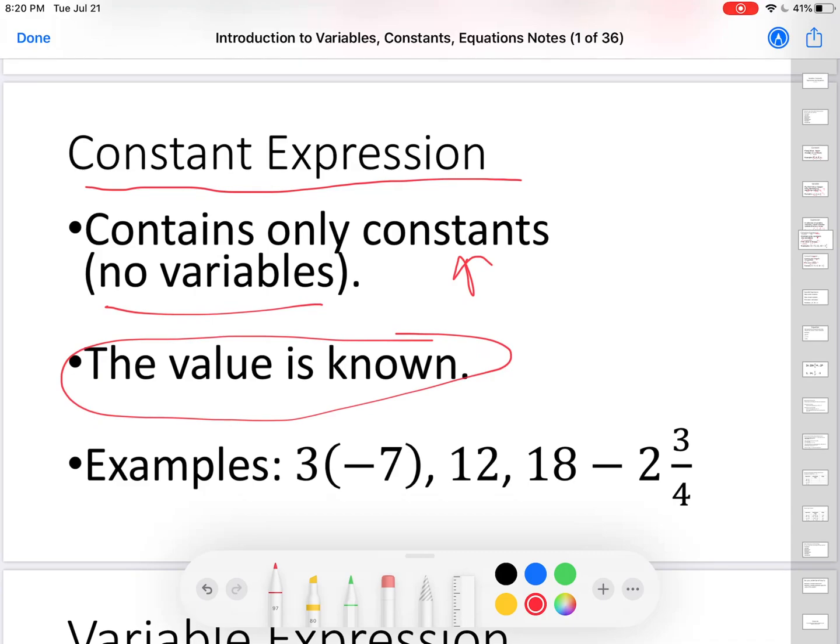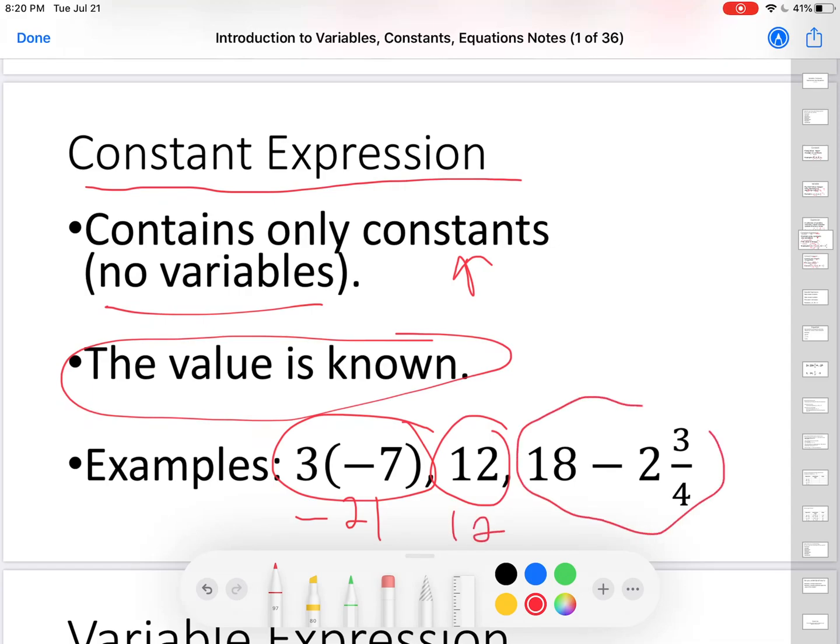So 3 times -7, the value is -21. This is a constant expression. 12, the value is 12. It is a constant expression. 8 minus 2 3/4, the value is 15 1/4. We know its value. This is a constant expression. These are the expressions.